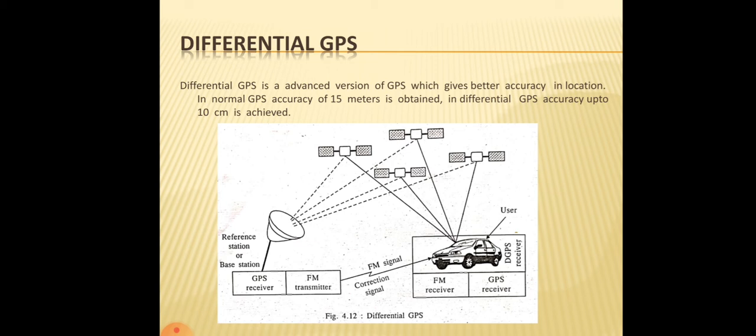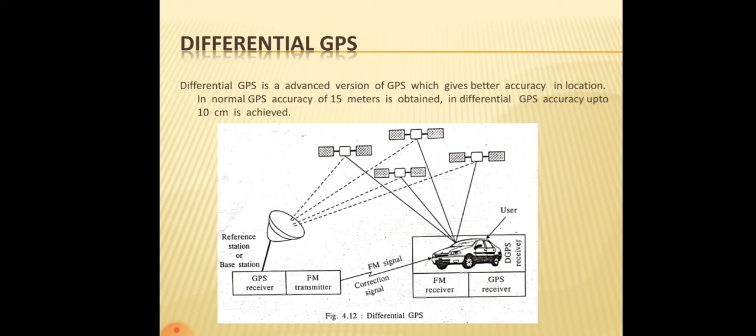The receiver locates the transmissions of at least 4 satellites, and uses the information of these 4 satellites to know the exact location. With differential GPS, corrections are made and this results in a more accurate location parameter. As I told you in simple words, the FM channel and the GPS are both received, then a comparison takes place, the error is removed, and after correcting you get your differential GPS.